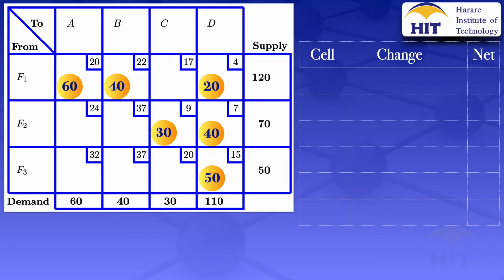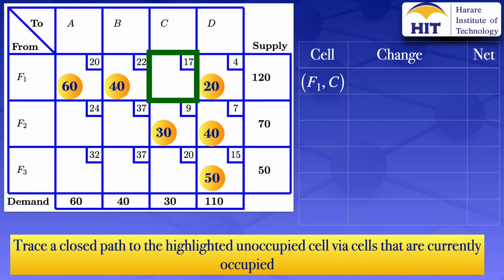Now looking at this new transportation table, we have to calculate the net changes again for all the unoccupied cells. I'll start with this one, cell F1C. For the cell F1C, we trace a closed path via cells that are currently occupied, starting at this cell. I'll put a positive, move to an occupied cell, put a negative, move to another occupied cell, put a positive, move to another occupied cell, put a negative, then back to the unoccupied cell.